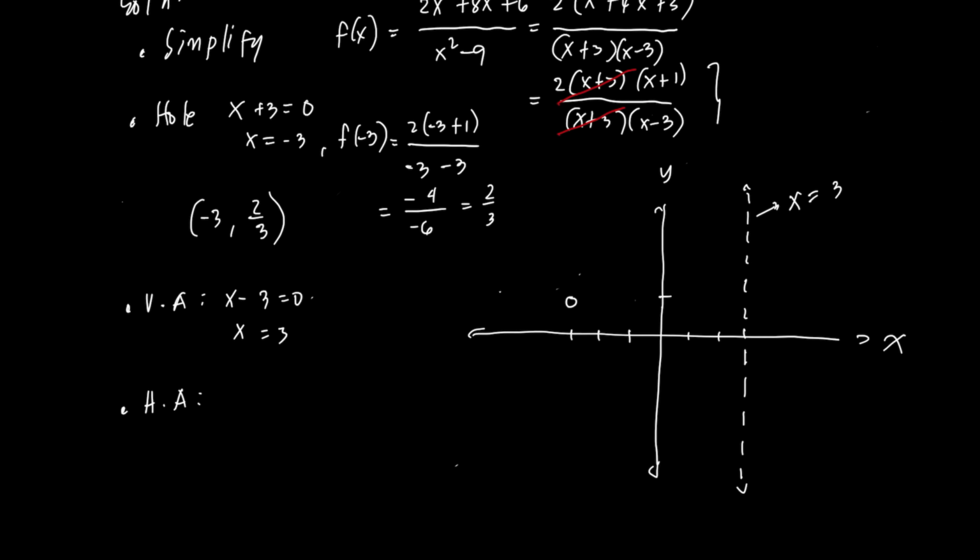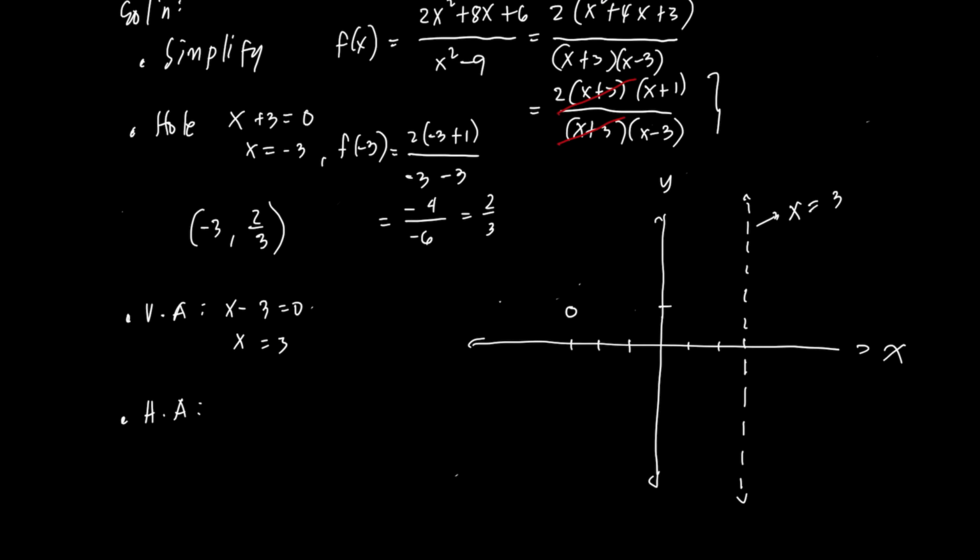In this case, our m is equal to n, so our horizontal asymptote is the ratio of their coefficients, which is 2 over 1 equals 2. So let's locate 2. This is 1, this is 2. So that's the horizontal asymptote, y is equal to 2.